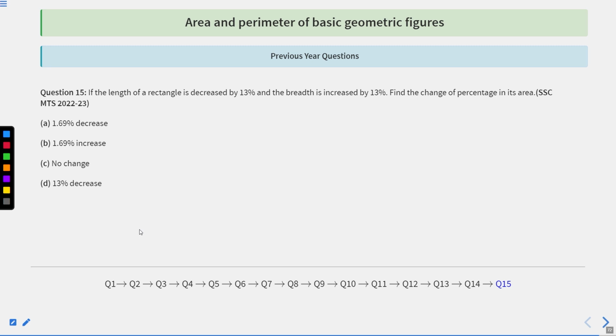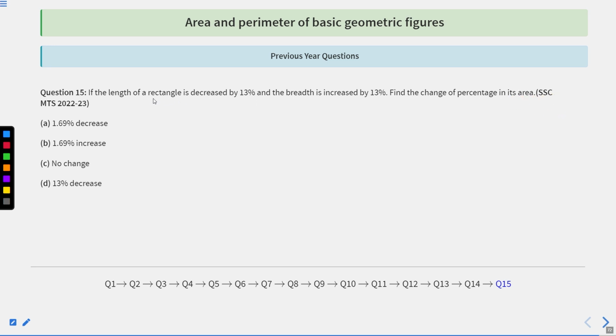Let us move ahead to our last problem, that is problem number 15. If the length of a rectangle is decreased by 13% and the breadth is increased by 13%, find the percentage change in its area.